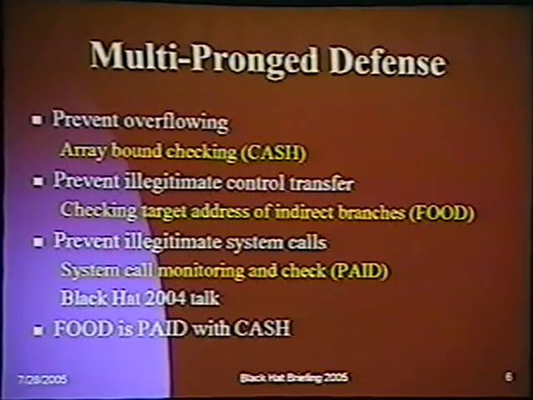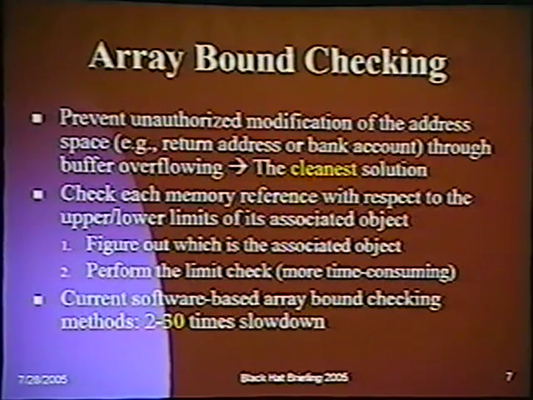From a particular application, we are able to come up with the legitimate system call pattern, and at runtime, we check whether a call is legitimate or not. This is the talk that I gave last year. Basically, any one of these three lines of defense will do, depending on the user requirements or system configuration. But today we are going to look at only array-bound checking.